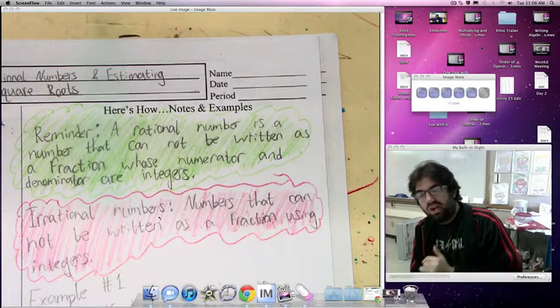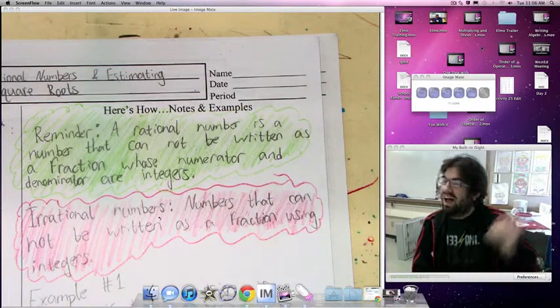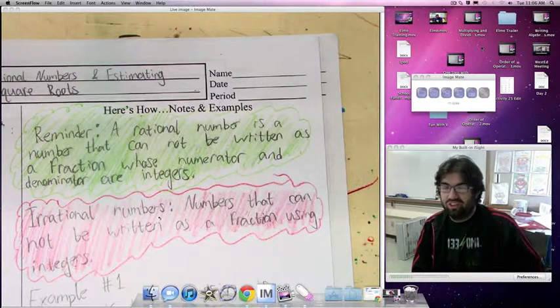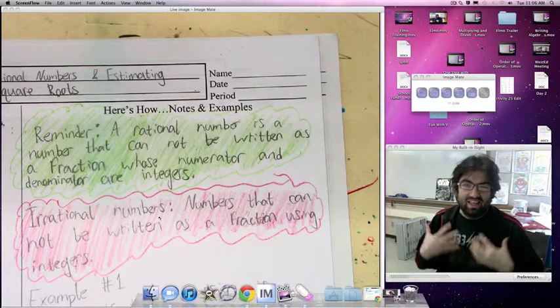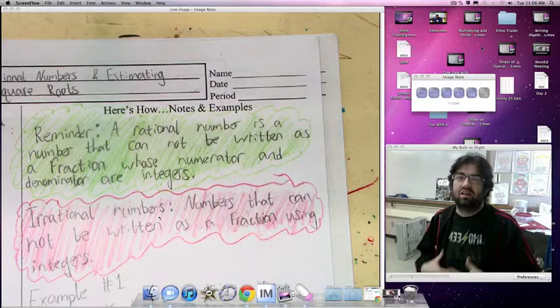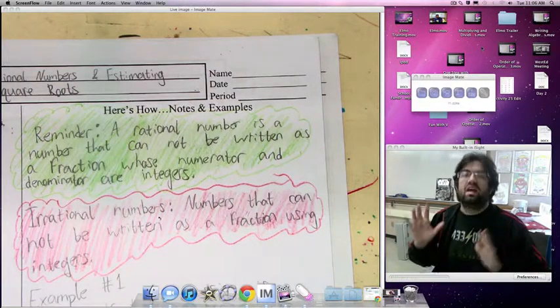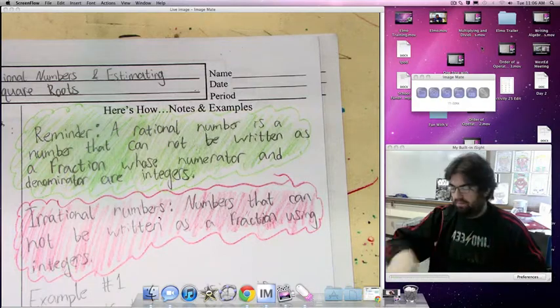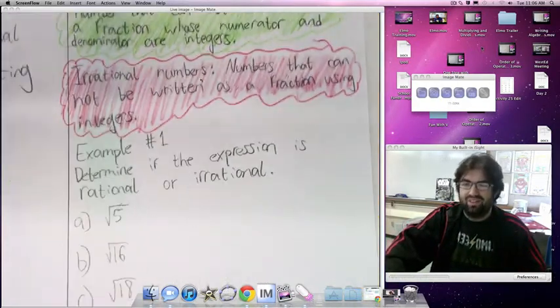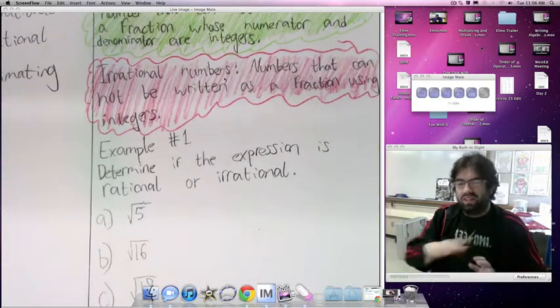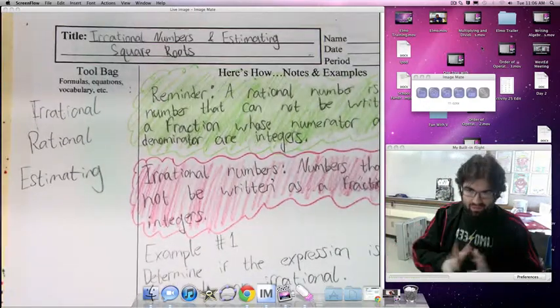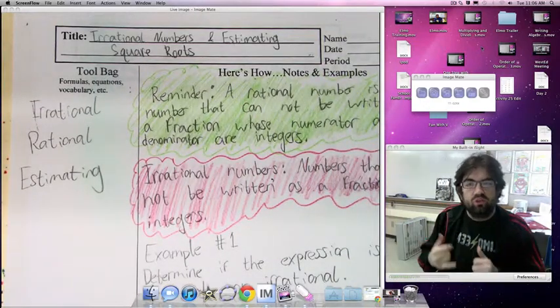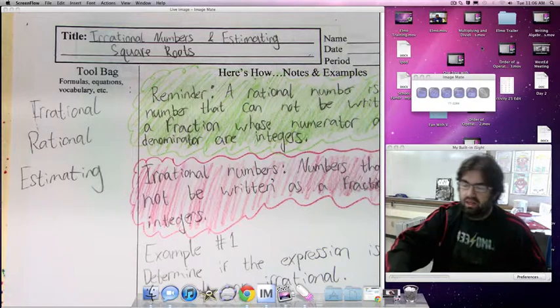So irrational numbers are numbers that cannot be written as a fraction using integers. They can't be turned into a fraction because when they turn into a decimal, they never repeat. They do this whole crazy thing. Because of square roots, and by the way, some vocabulary, we're going to use irrational, rational, estimating.